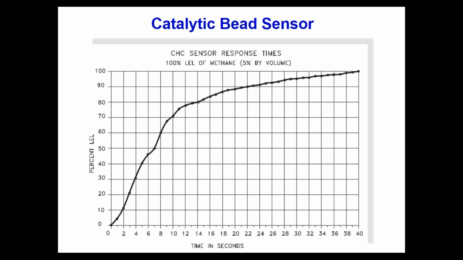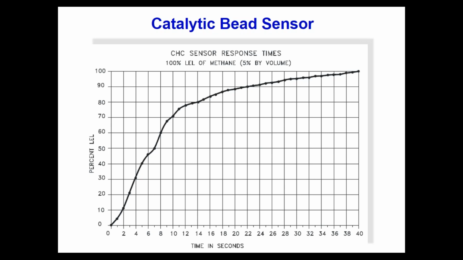As far as catalytic beads, a couple of things you should know about sensor technology is that the response time of the catalytic bead is dependent on concentration. I put a couple of graphs in here that show that, because that is a common question I often see out in the field, is how quickly they'll respond.